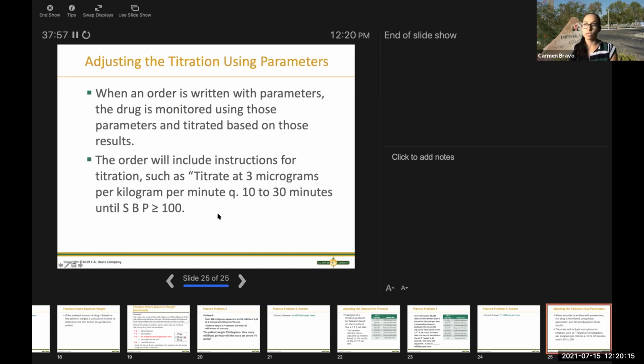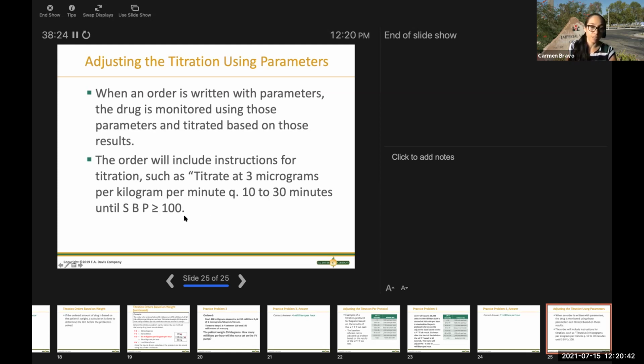I think I already mentioned this: when we have to utilize parameters, we utilize parameters based on laboratory results, or in some cases based on vital signs. Like this order here says titrating 3 micrograms per kilogram per minute every 10 to 30 minutes until the blood pressure is greater than 60.